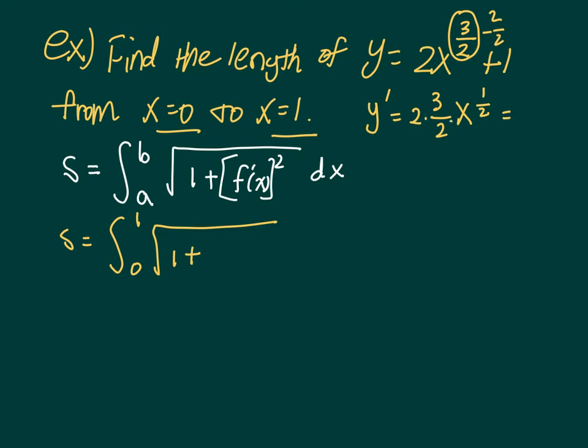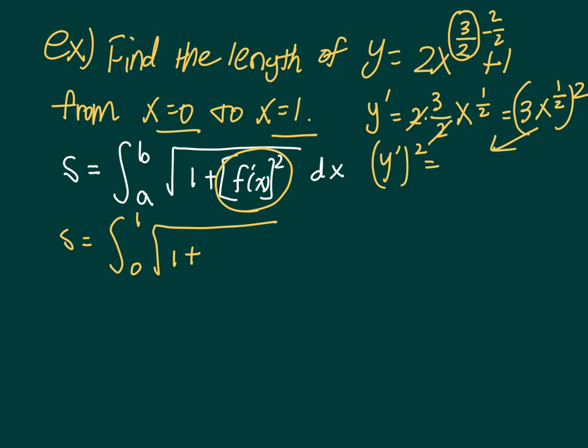If we simplify that, we have 3x to the 1/2 power. But we need to square it. So y prime squared is that squared.